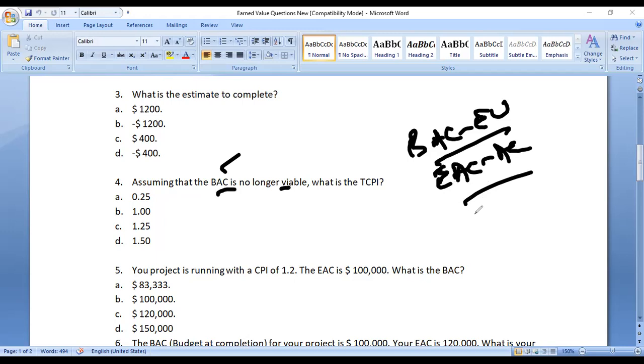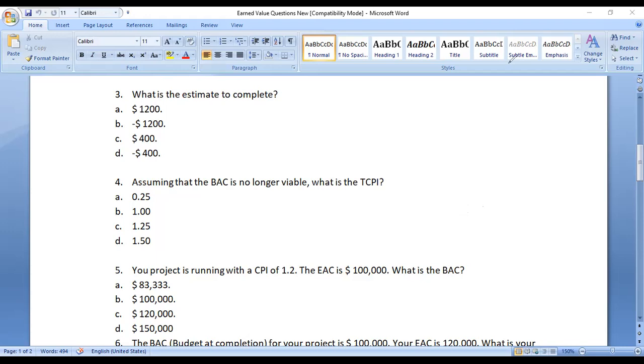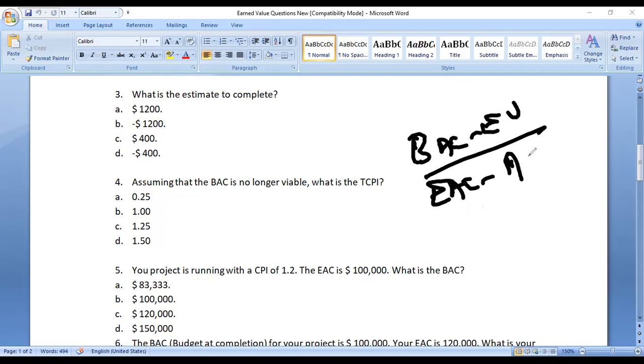In place of BAC, you need to use EAC. So what is your TCPI?